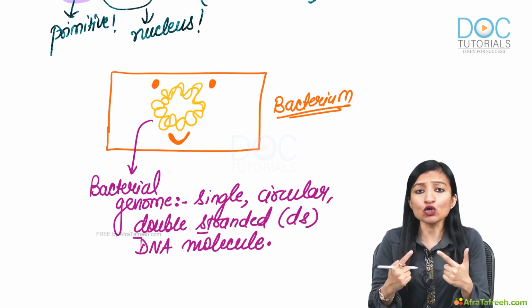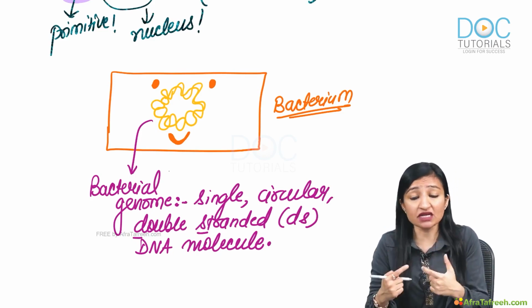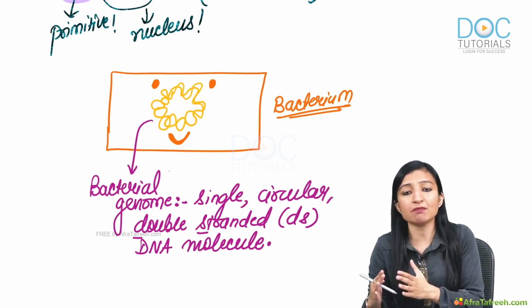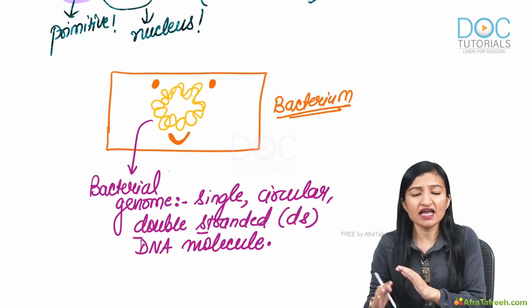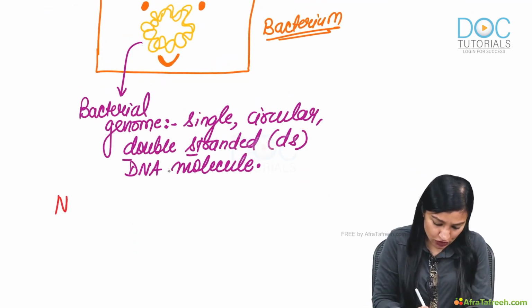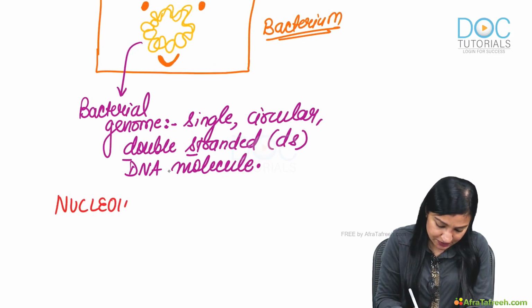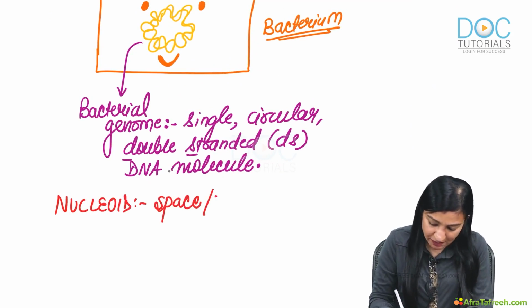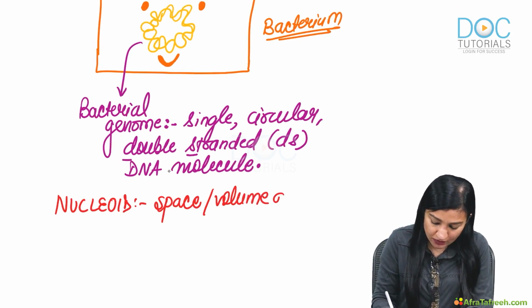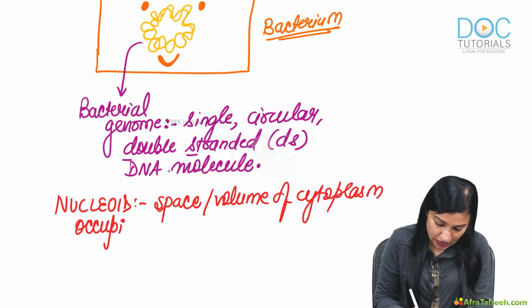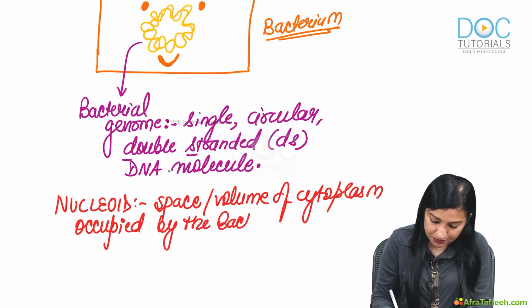Remember, the word nucleoid is just a descriptive term for the space of the cytoplasm occupied by the bacterial genome. It is not a specialized structure per se. So the nucleoid is nothing but the space or volume of the cytoplasm occupied by the bacterial genome.